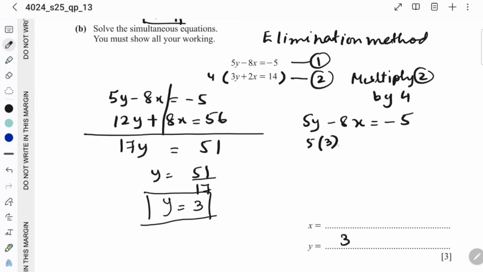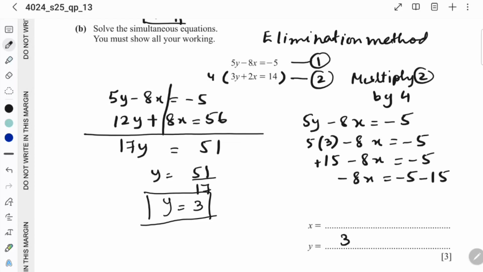5 times 3 minus 8x is equal to minus 5. 15 minus 8x is equal to minus 5. Minus 8x is equal to minus 5 minus 15, because this is plus. Okay, so that is equal to minus 20, minus 8x, cancel the minus sign, so x is equal to 20 over 8.